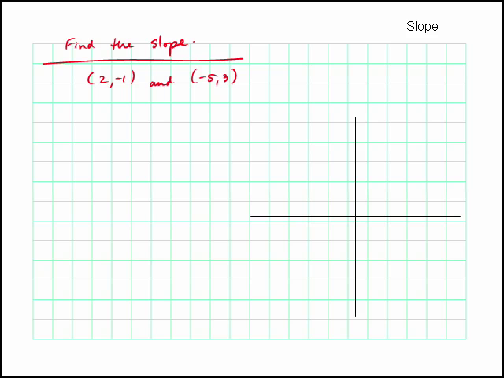Let's plot those 2 points. Okay, 2, negative 1 is right about here, and negative 5, 3 is right about there. Those are our 2 points, and our line would look something like that. Not the straightest line, but that'll work.